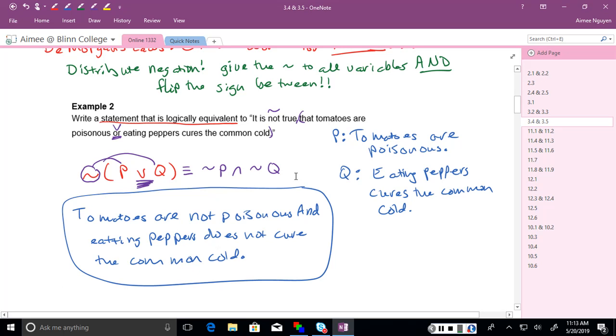So now we've looked at 2 ways that we can show that things are logically equivalent, or that we can write statements that are logically equivalent. One is to make the truth table, right, and compare the 2 answer columns. That will tell us if 2 statements are logically equivalent. I can also use De Morgan's laws, right, so I can distribute that negation, change the sign in between, and that will let me see a statement that is equivalent to the other one, right?